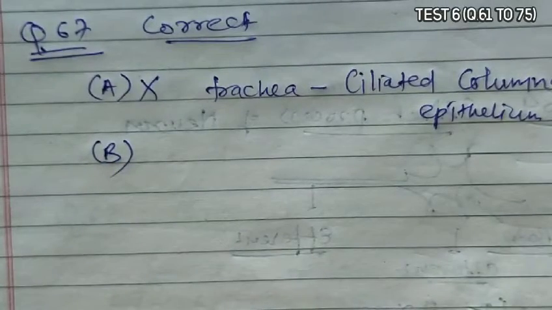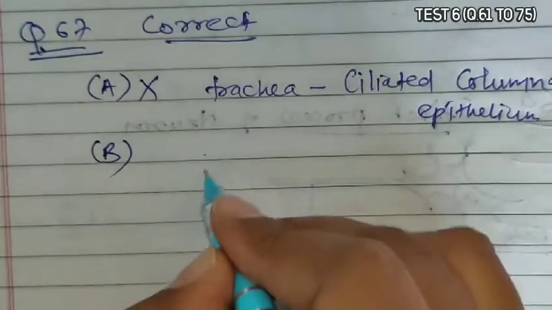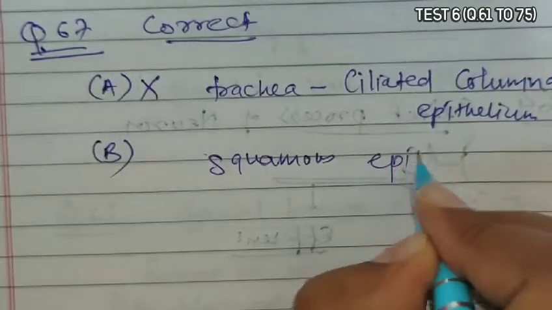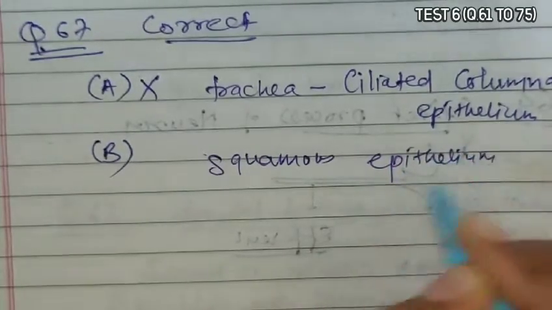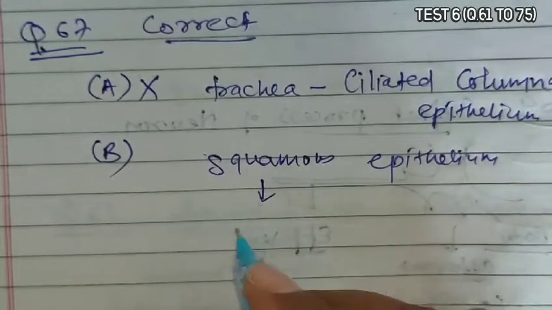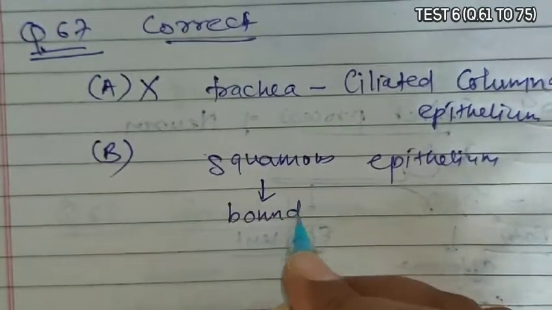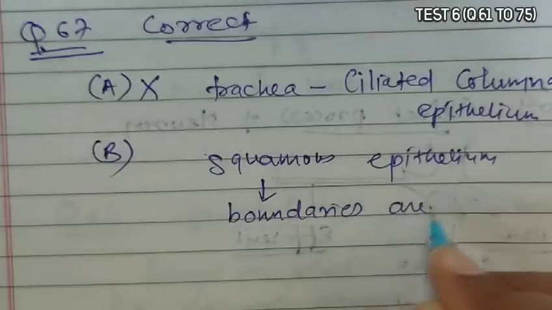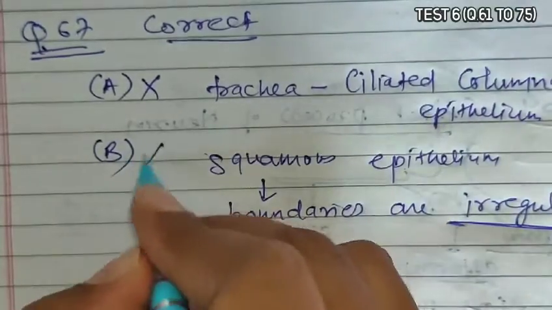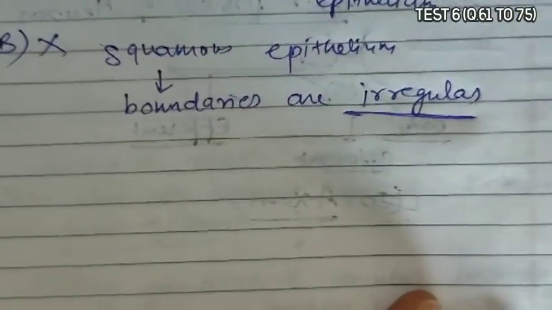Statement B says that in squamous epithelium the nucleus is small and boundaries are regular. Actually, boundaries are irregular, so this is also incorrect.